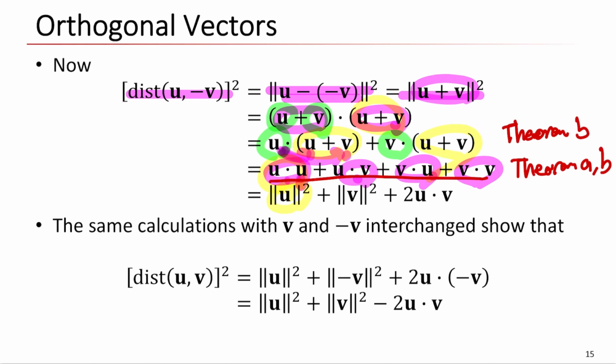The square length of u, right? So, to summarize, the square of u plus the square of v plus 2 times u dot v, right? So to summarize, the distance of u and negative v is equal to the square length of u, the square length of v, plus 2 times u dot v, right?